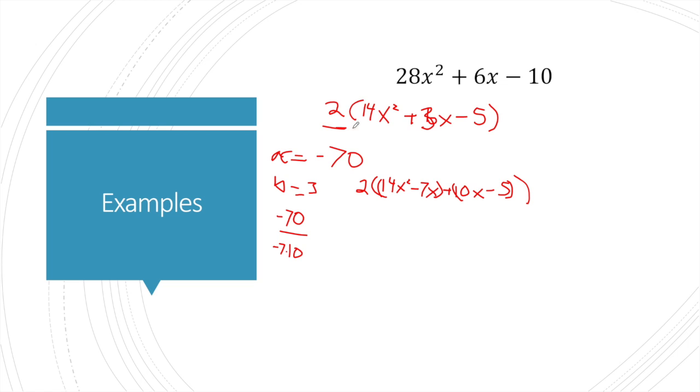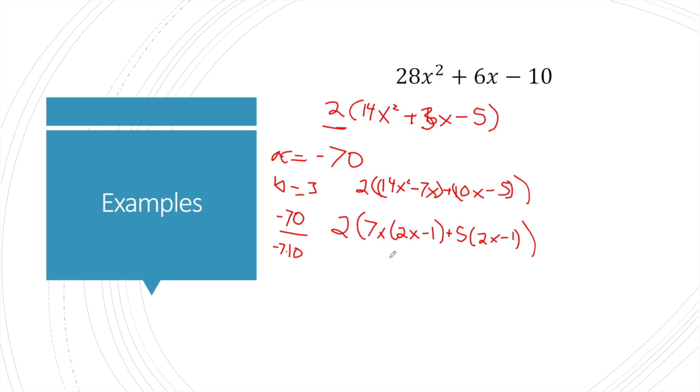We have to keep that in there. So I have 2 times the greatest common factor of 14x squared and negative 7x, which is 7x. That leaves me with 2x minus 1. And then the greatest common factor of 10x and negative 5 is going to be a 5, which leaves me with 2x minus 1.